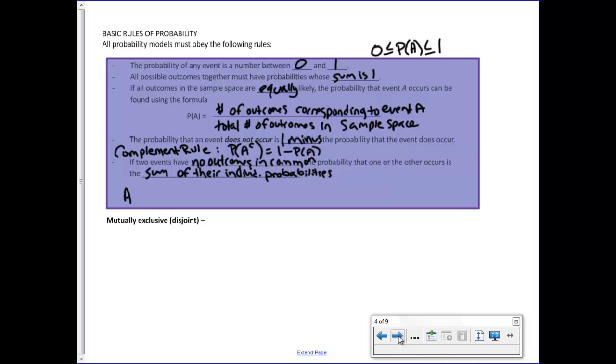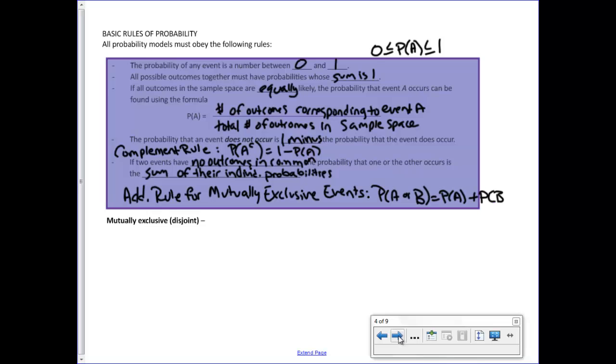And this is called the addition rule for mutually exclusive events. The addition rule for mutually exclusive events says probability of A or B equals probability of A plus probability of B.